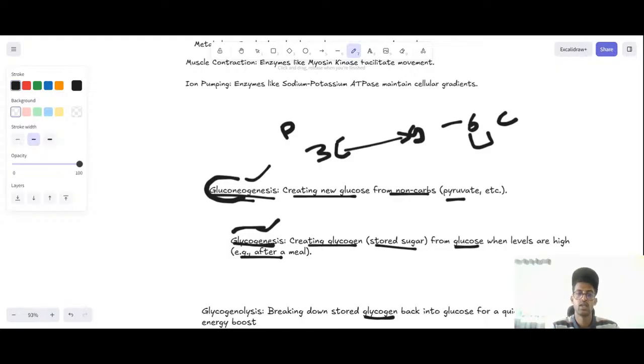So let's say starvation, lasting 3 to 7 days, say 5 days without food. In immediate fasting, blood sugar drops.